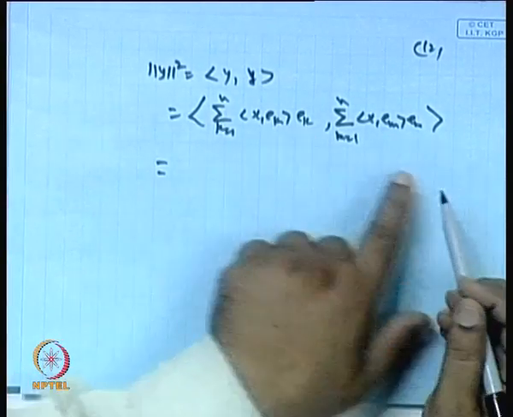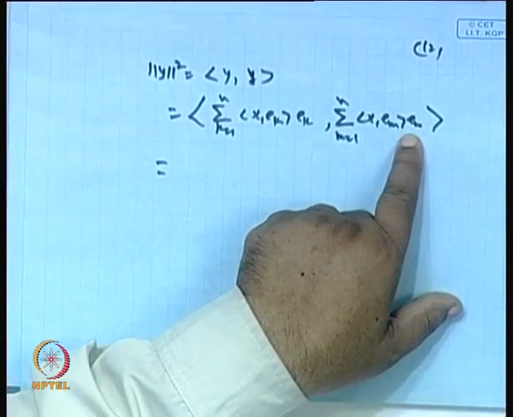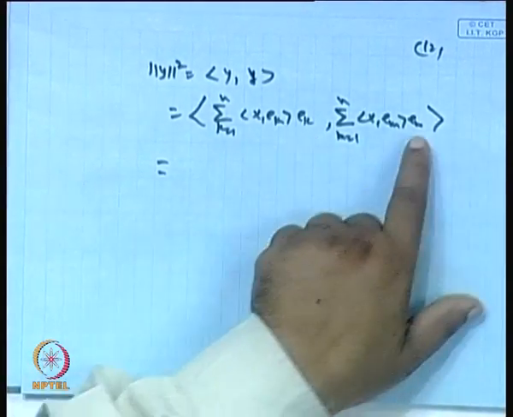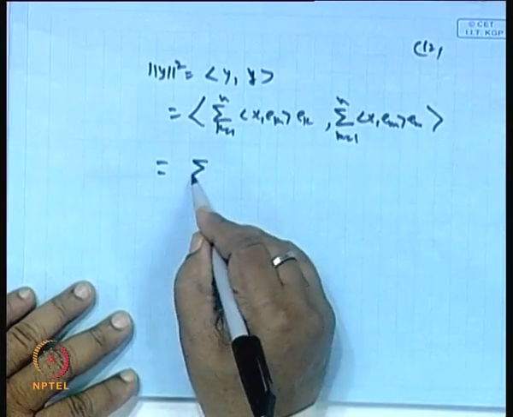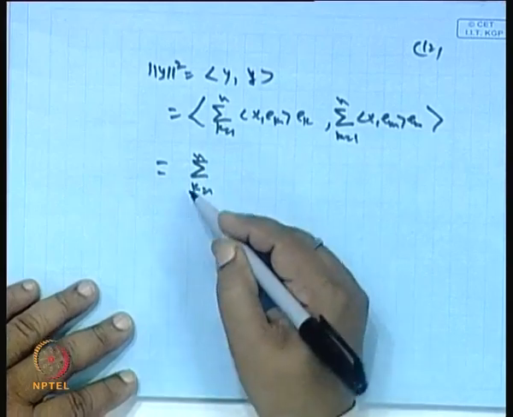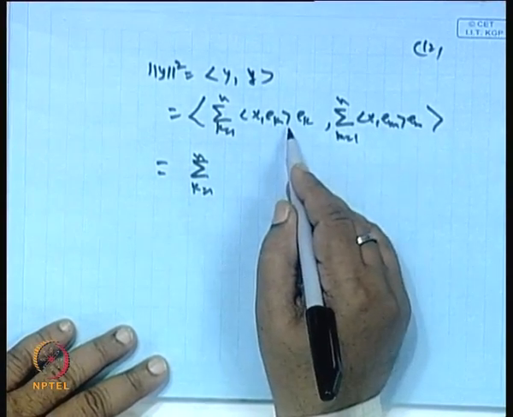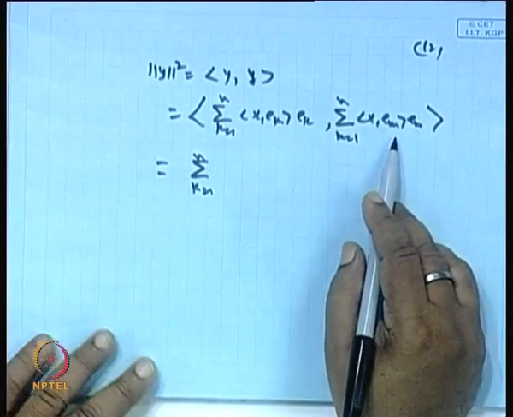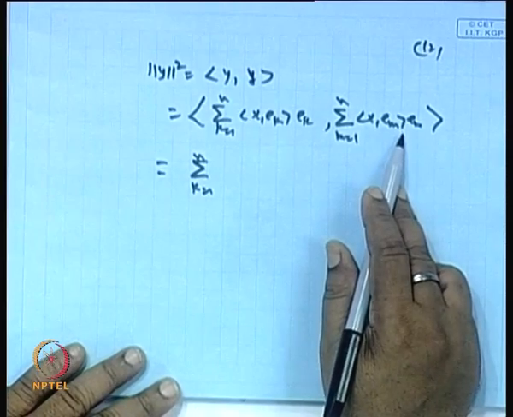So, E k when it is operated on E m, when m is different from k, it is 0. So, only the term E k with E k will be 1. So, basically what you are getting is sigma k equal to 1 to n, x e k is outside, and then another term which you are getting is x e m, but conjugate.